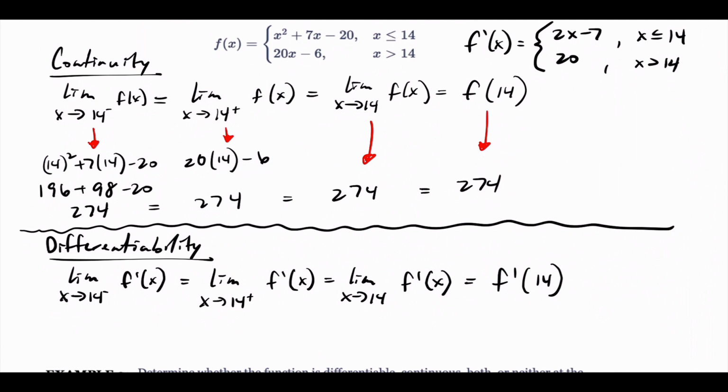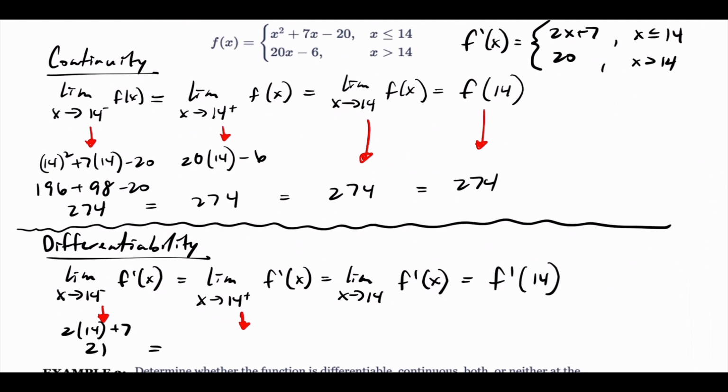So this one here, we're going to plug into the top. When I plug in 14 to the top, what do I get? 28 minus 7, 21. And then I plug it into the bottom. Yes, you're right, plus 7. I don't know why I put minus.